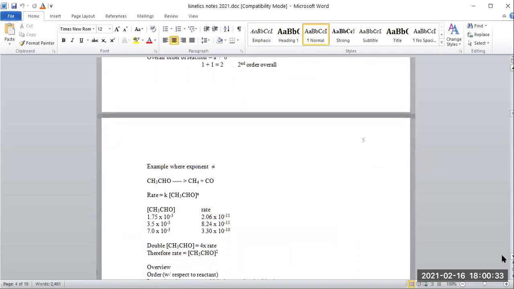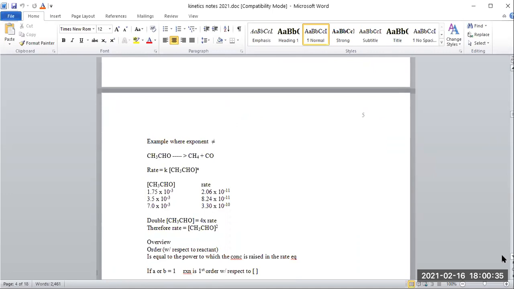I decided to do one that gives you a decomposition reaction here. We have acetaldehyde. So the CH3CHO is a shorthanded way of indicating that your oxygen is actually double bonded to your carbon.